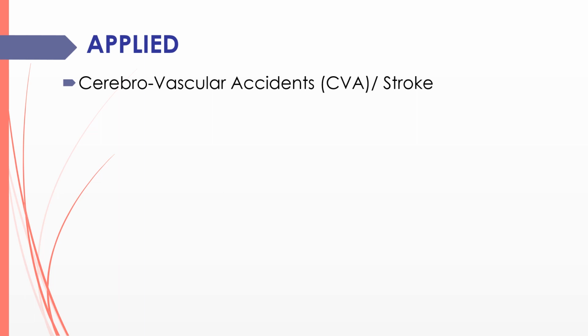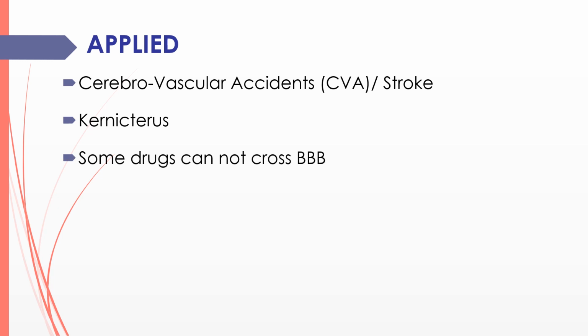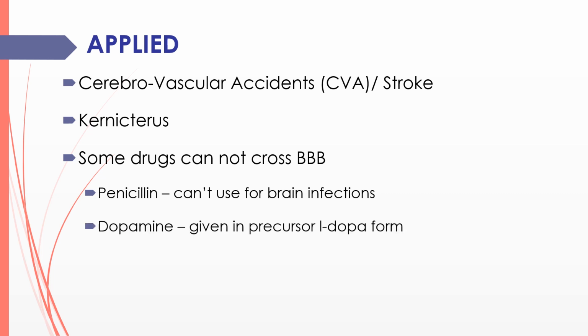Coming to the applied aspects: cerebrovascular accident, that is stroke, and kernicterus. Drugs that cannot cross the blood-brain barrier, for example penicillin. That's why they don't use penicillin for infections of the brain.